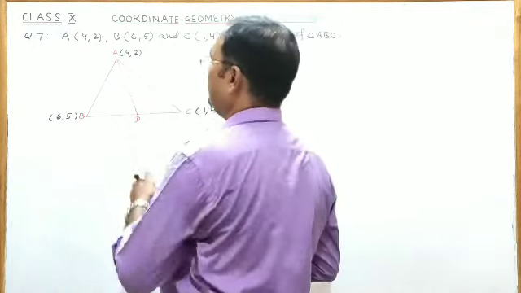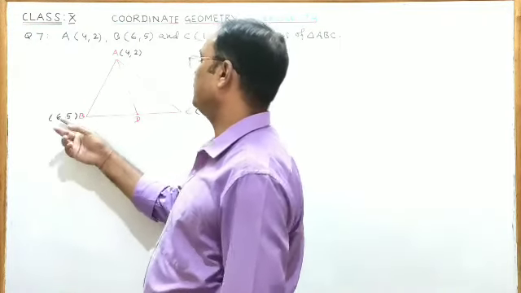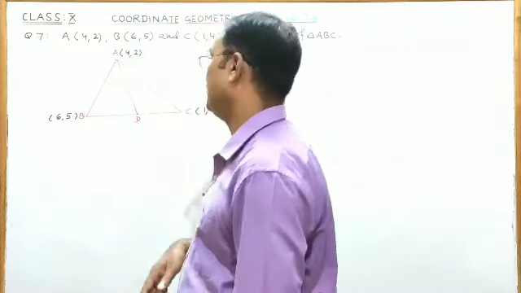So here in figure ABC is a triangle with 3 vertices (4, 2), (6, 5) and (1, 4).